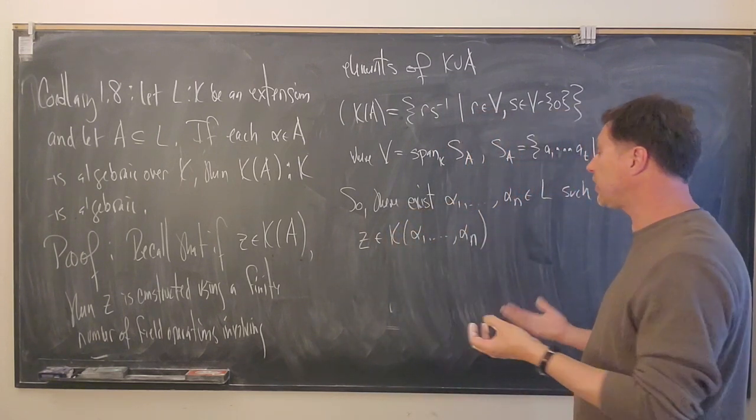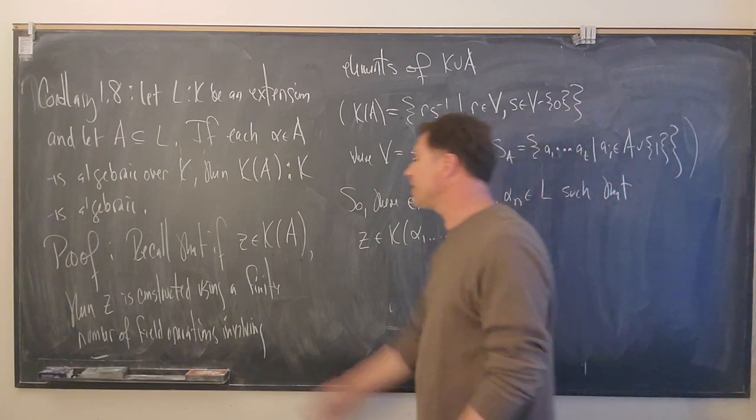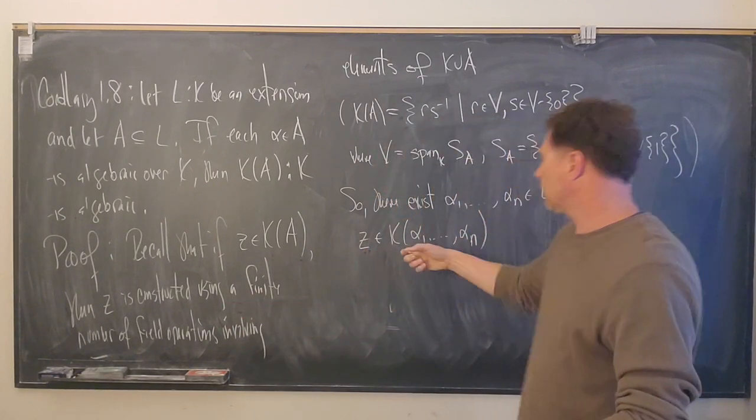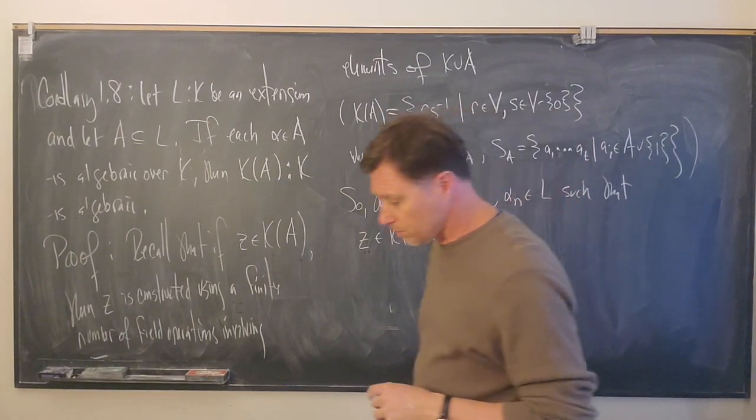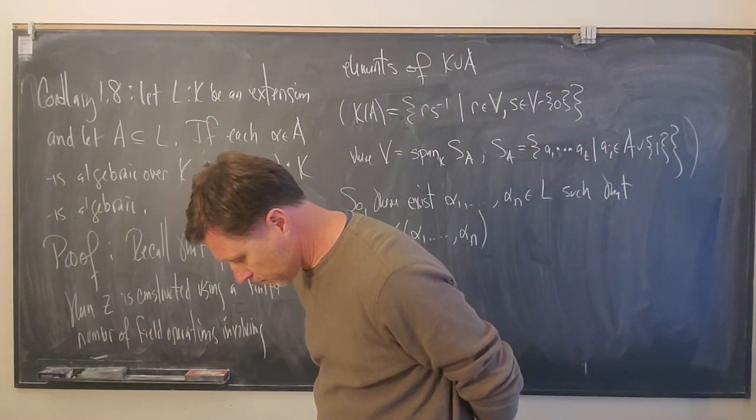Do your finite field operations, and whichever ones you need to obtain this Z, just throw them in there. That is just a finite collection of them.